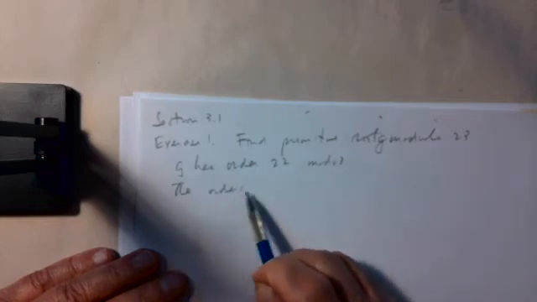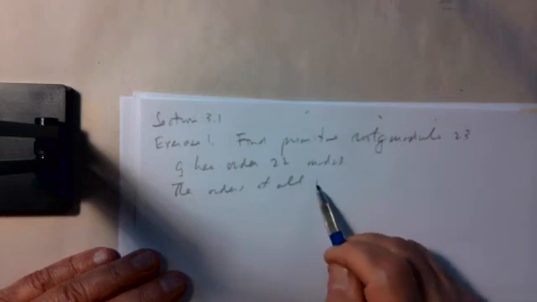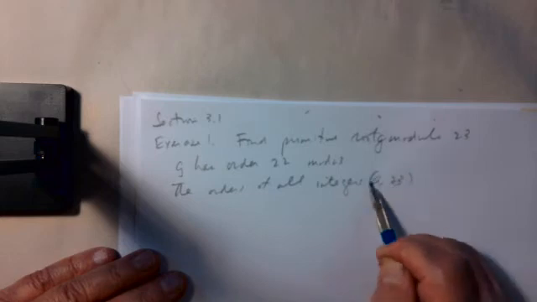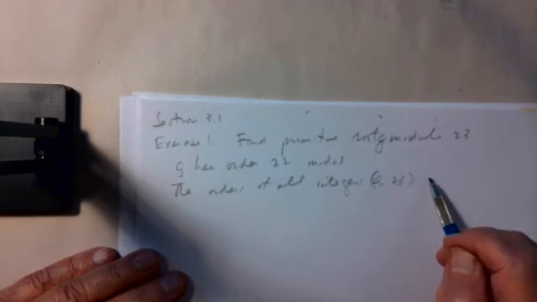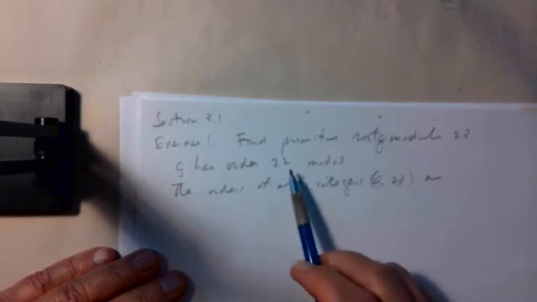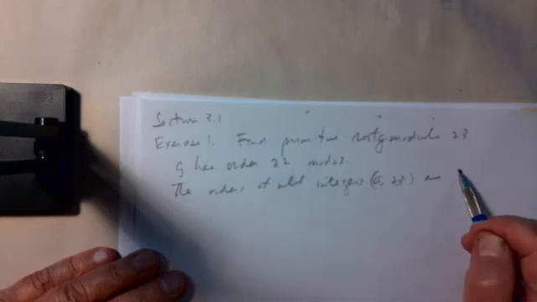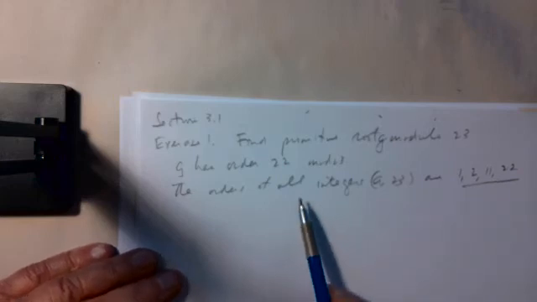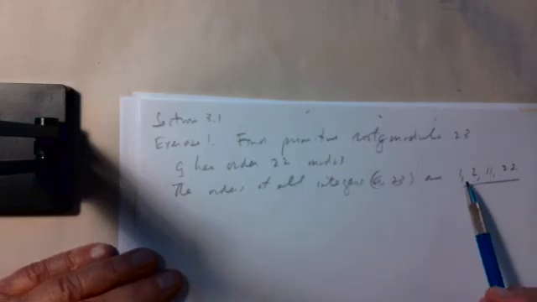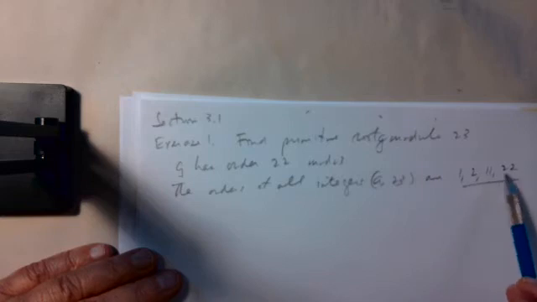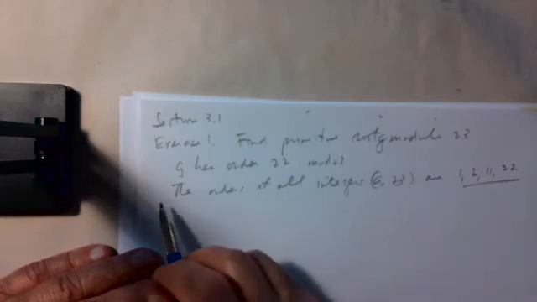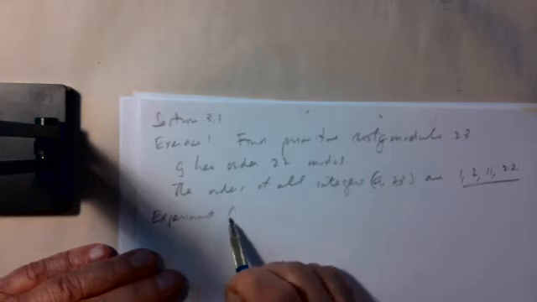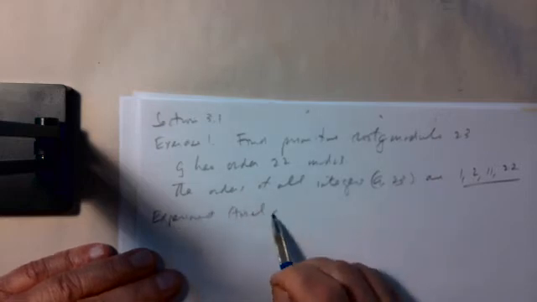And the orders of all integers relatively prime to 23 can only be divisors of 22: 1, 2, 11, or 22. So if an integer doesn't have order 1, 2, or 11, it has to have order 22. So let's do the experiment. I'm just going to do trial and error.